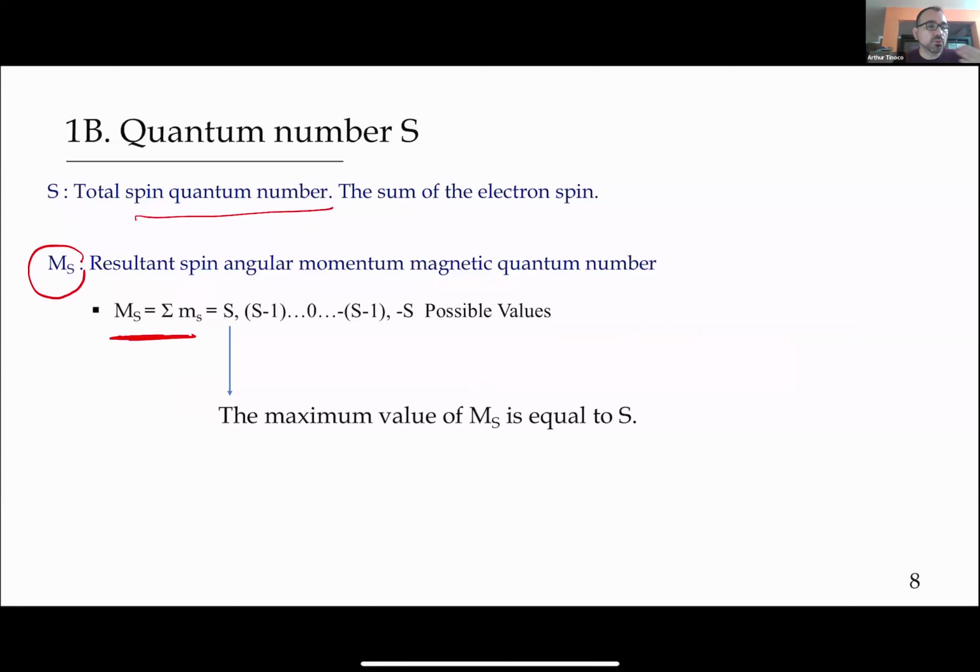Very similar to what we defined for M sub L, M sub S has possible values ranging from plus S all the way down to minus S, where the maximum value of M sub S is equal to S. That becomes important later on when we define a specific system. So quantum number S and quantum number L are what we're going to use to help us define a particular electronic situation.